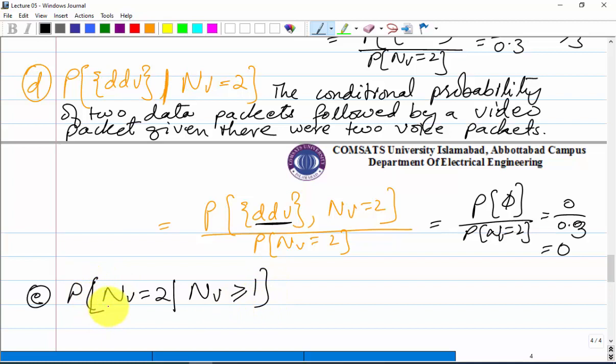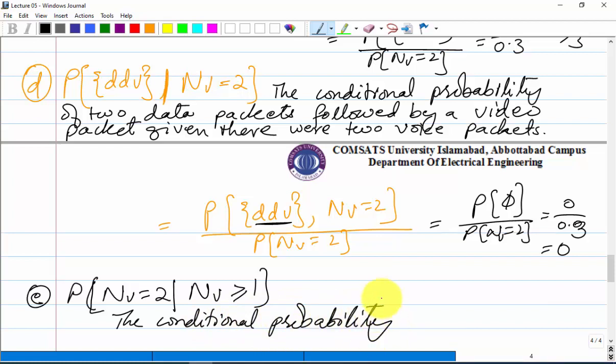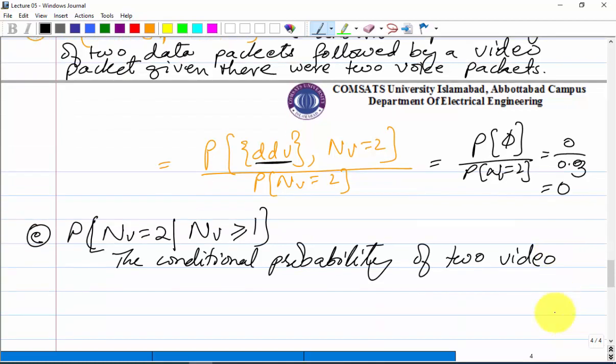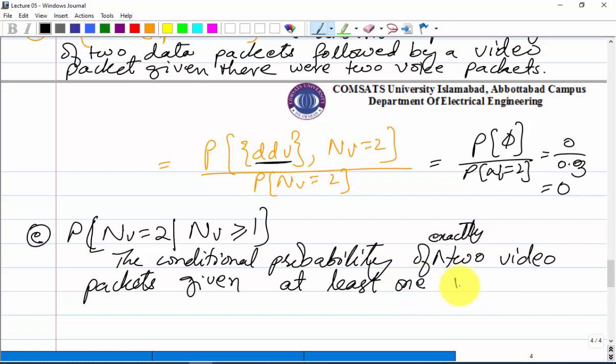We can write it in description form: the conditional probability of exactly two video packets given at least one video packet.